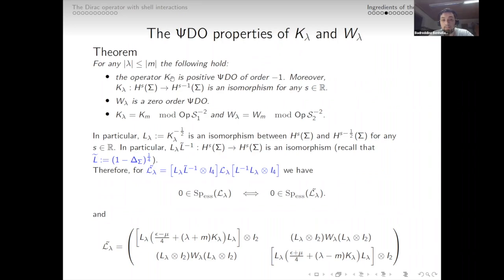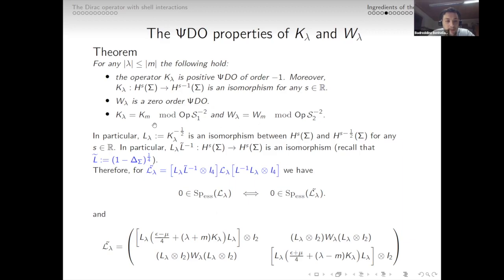K lambda is a positive pseudo-differential operator of order -1, and it is an isomorphism between HS and HS -1. The W is a zero order pseudo-differential operator. But finally, we have this point, which is for us the most important. So we have these equalities modulo an operator of order -2.